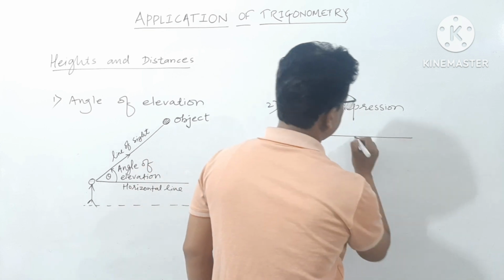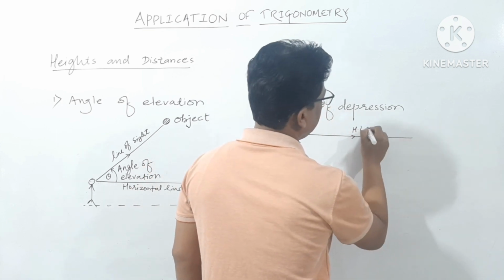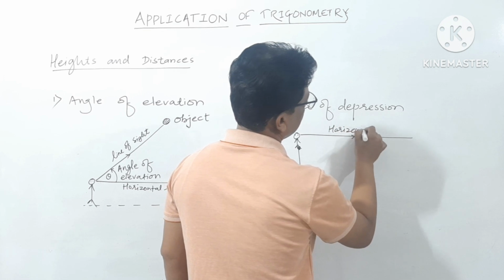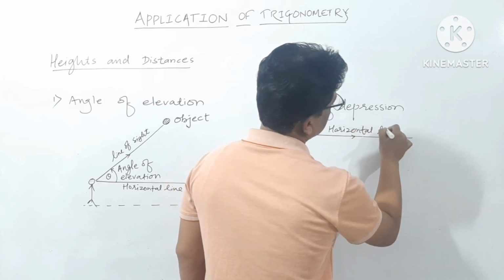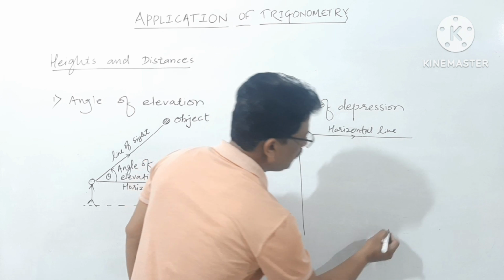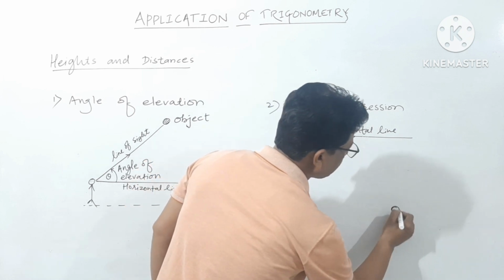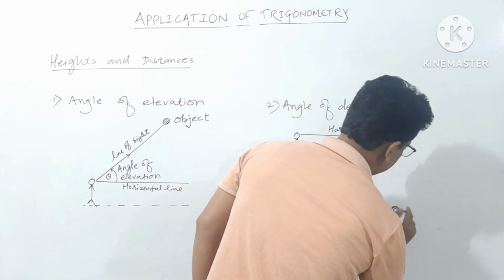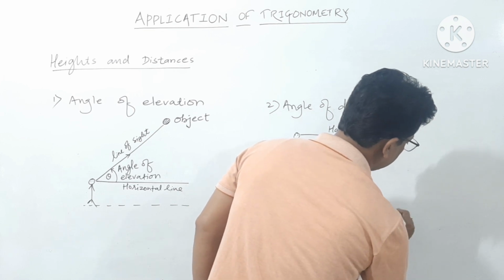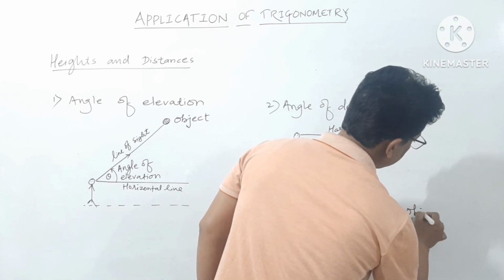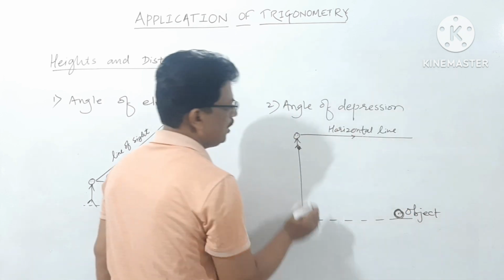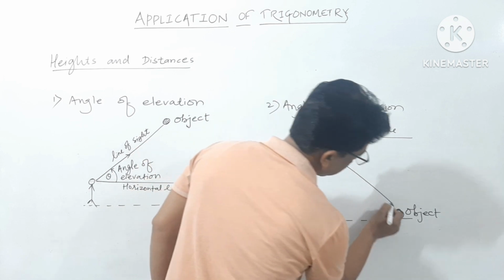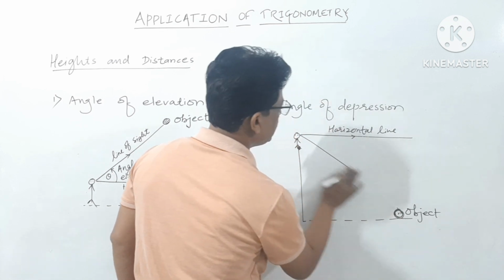This is the horizontal line, and the horizontal line is important. The object is here on the ground.